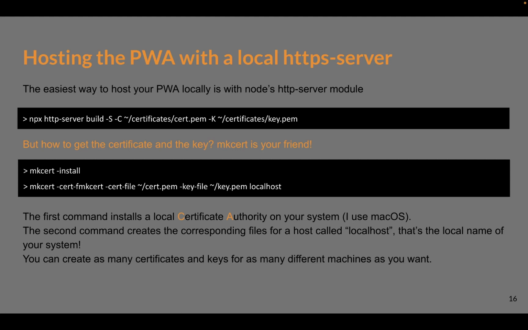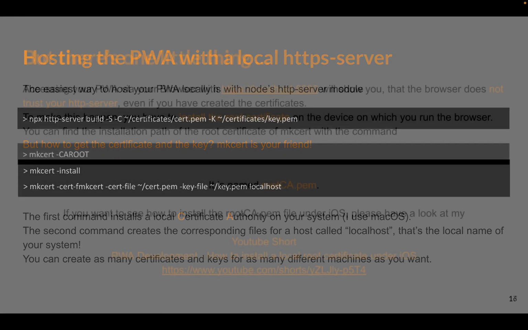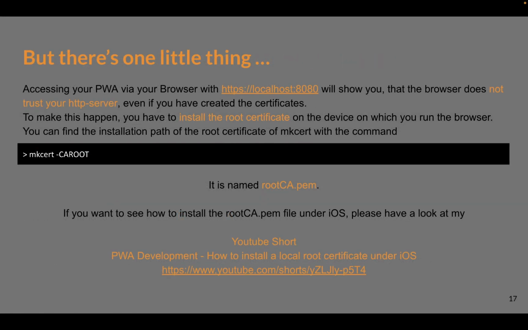If you start the HTTP server module with the specific certificates and keys and serve your PWA build artifacts with it, you can access your PWA with your browser under the URL https://localhost port 8080. But there's one little thing. You will observe that the browser does not trust your HTTP server session, and because of that you can't install the PWA on your system.